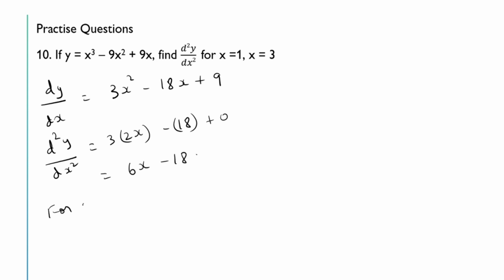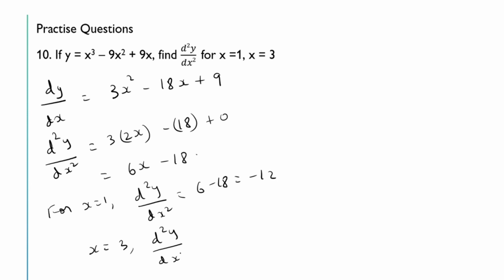So for x is equal to 1, d square y by dx square is equal to 6 into 1 minus 18, which is minus 12. And for x is equal to 3, d square y by dx square is equal to 6 into 3 minus 18, it is 18 minus 18, 0.